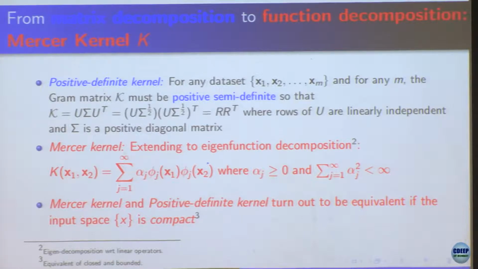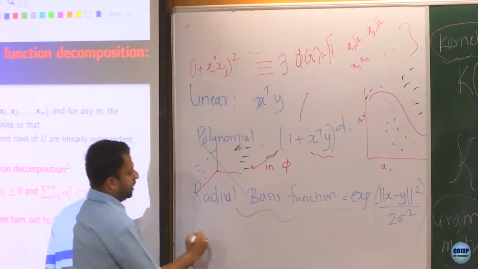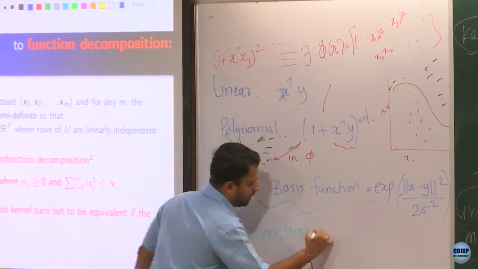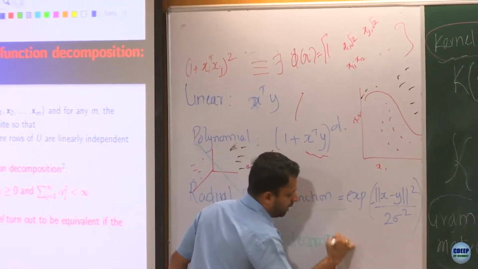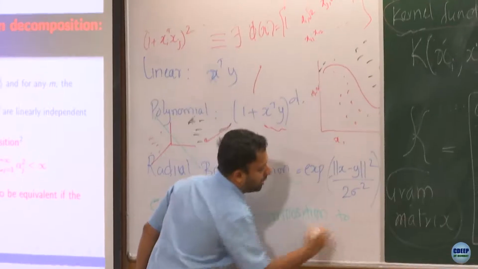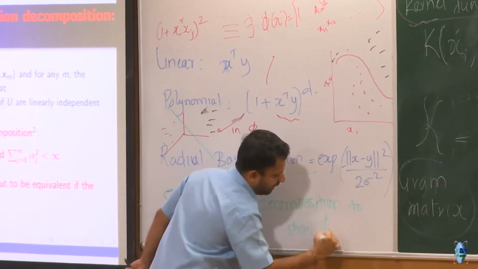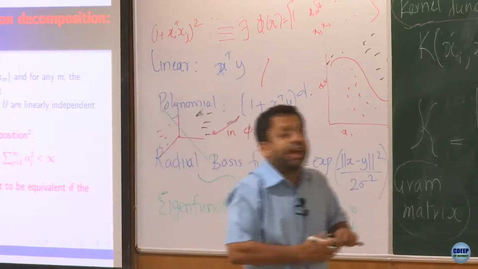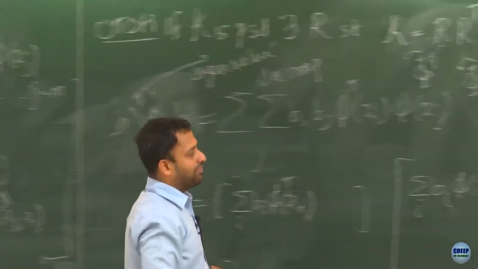I took you through eigenvalue decomposition. But now to show that something like the radial basis function is actually a valid kernel, we can use something called eigenfunctions, to show that phi exists. What is that phi? I don't know, but I can try and do that.